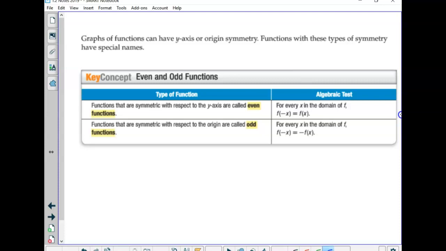This says that if it is a function, okay, it is called an even function if it has y-axis symmetry. A function is called an odd function if it's symmetric to the origin. Okay?